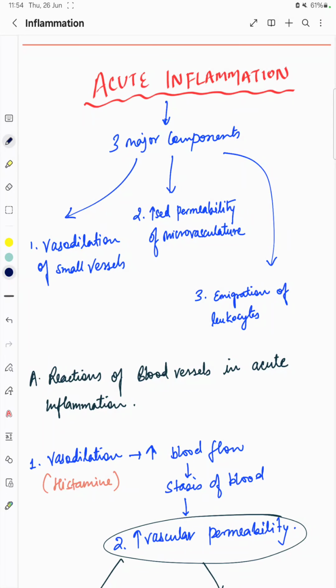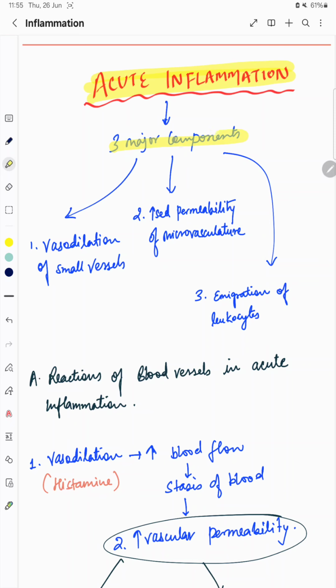Hello everyone, now we are going to discuss acute inflammation. Acute meaning sudden onset. So the onset in acute inflammation is from a few minutes to a few hours.